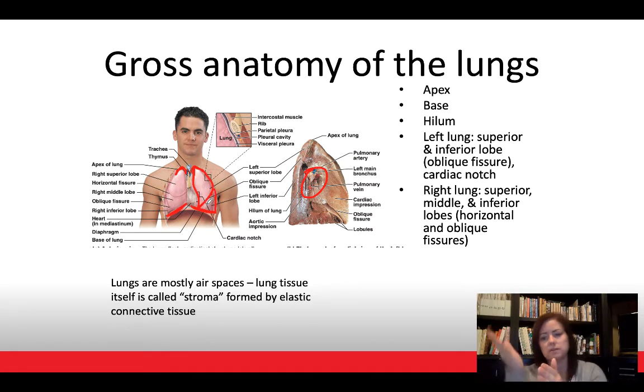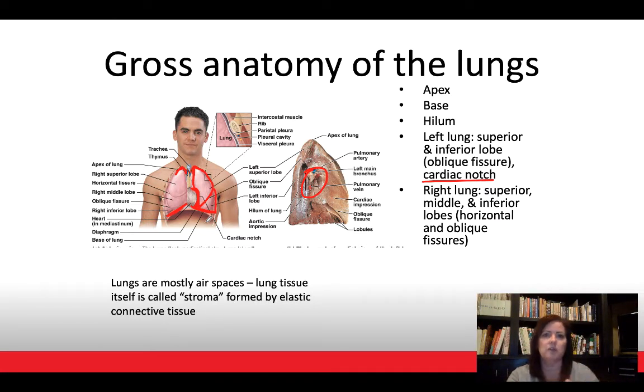It's this line in between those two lobes that separates them. And then we also have this little indentation in the lungs that's called the cardiac notch, which is going to be this area here. We've got that because the heart, we know, is angled to the left.